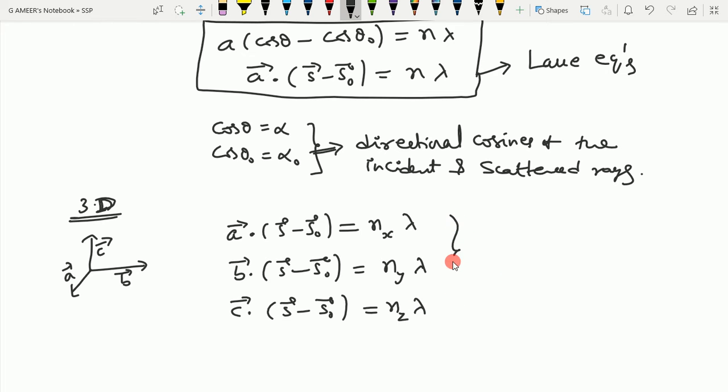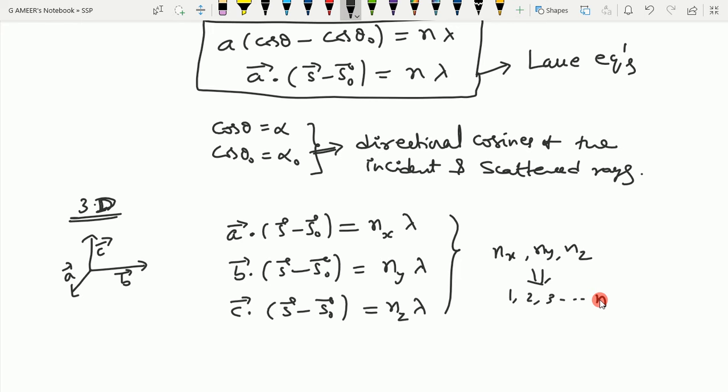Here nx, ny and nz are, as usual, integers. They have the values 1, 2, 3 and so on.